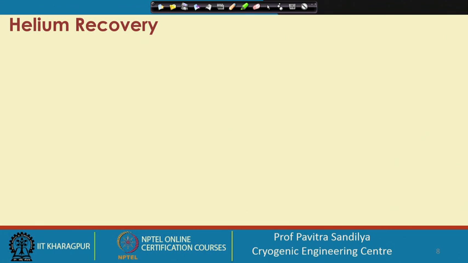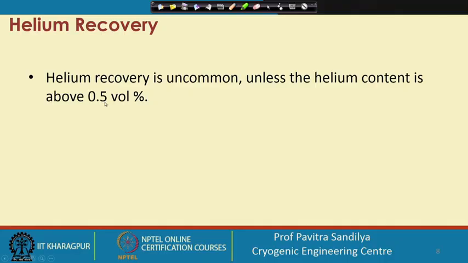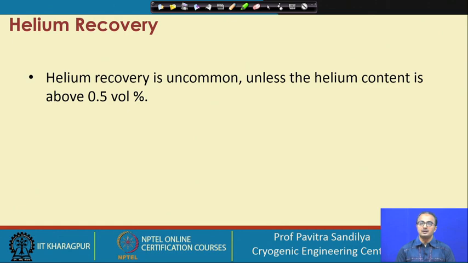So for this we need helium, and the helium is obtained from the natural gas. Even though helium is present in a very small amount, natural gas is the only source of helium. So helium needs to be removed provided that it has this much volume percent. It is present in a very, very low amount, so we need to remove helium if the amount is good enough.